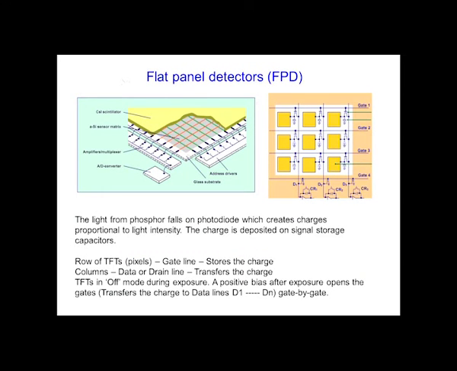And if you now see the construction of these scintillator based flat panel detectors, this is how it is. As I said, the top layer is made of a cesium iodide scintillator layer, which will convert the incoming X-ray intensity into light photons, and just below this you have the amorphous silicon TFT layer, the transistor layer, which will absorb those light photons and convert them into electronic charge.